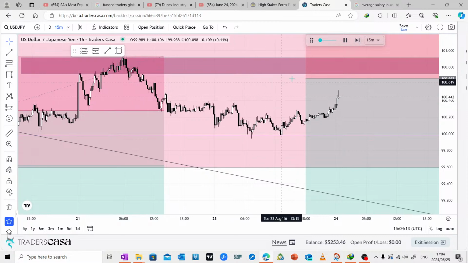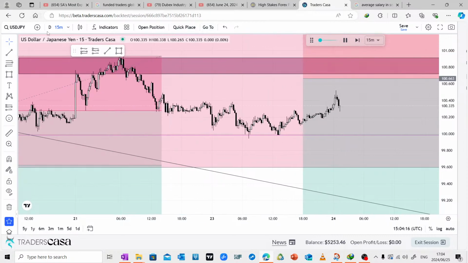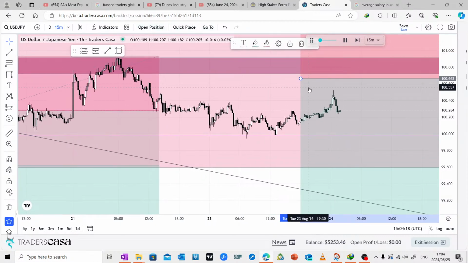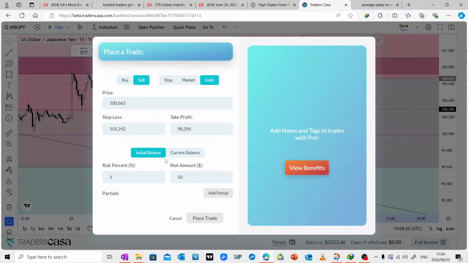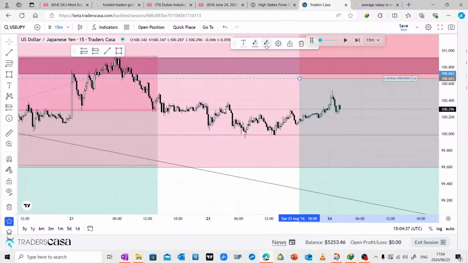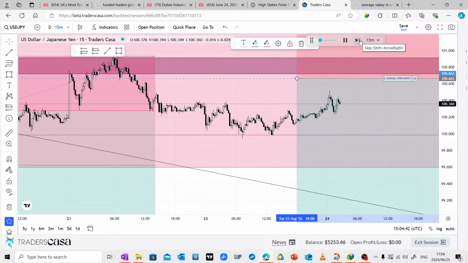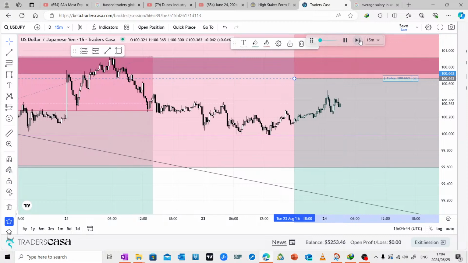Right, so market is coming, so I'm pretty sure let's click on this, click open position, and here we're gonna risk just 0.07% of the account. It's the initial trade since it's a risk trade. Place trade, and then if the market does respect that, we'll lock in the trade.